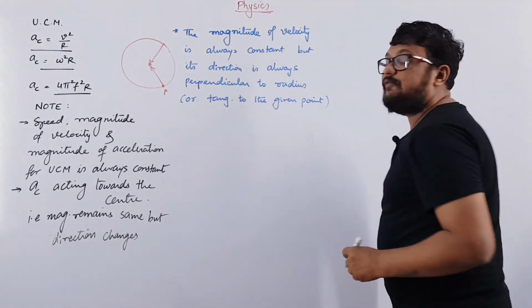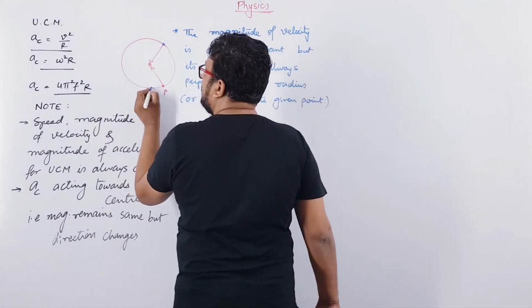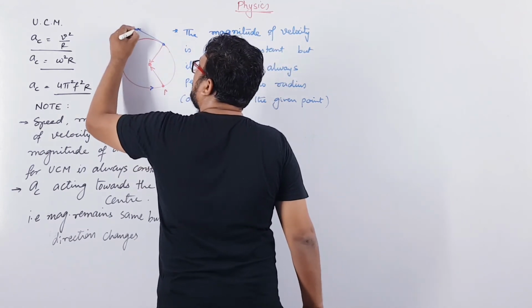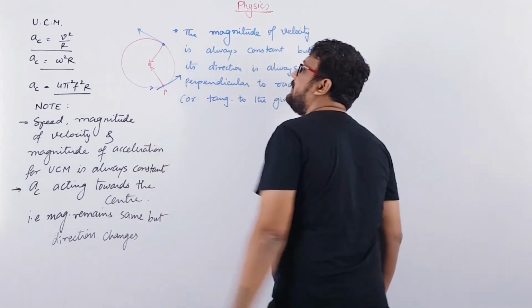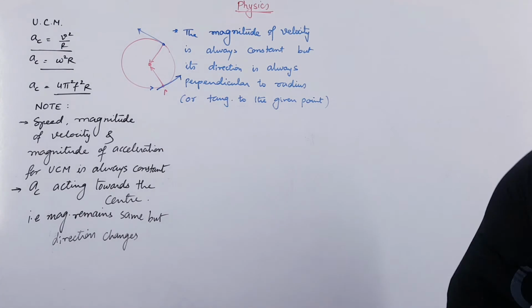Velocity will always be tangent at the given point. Suppose at point Q, what will be the direction of velocity? If it is moving in anti-clockwise direction, then velocity will be in this direction. For point P, if you draw a tangent, then velocity will be in this direction. Clear? Next, we are going to solve an example based on this.